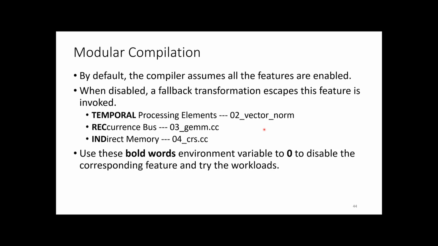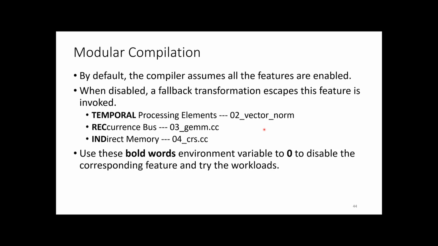And for now, the features I can demonstrate in this tutorial are the temporal region, the recurrence bus, and the indirect memory access. So I use these bold words in the environment variable and set them to 0 to disable the corresponding feature. By default, they are all enabled.